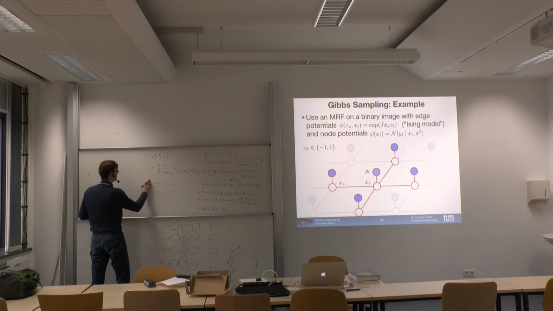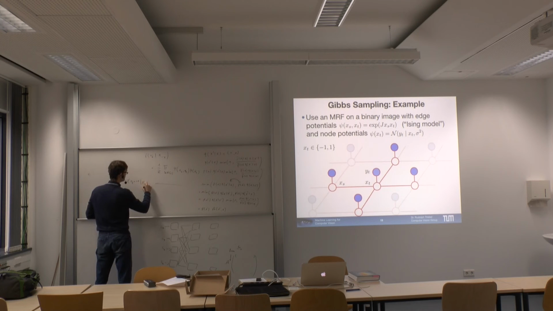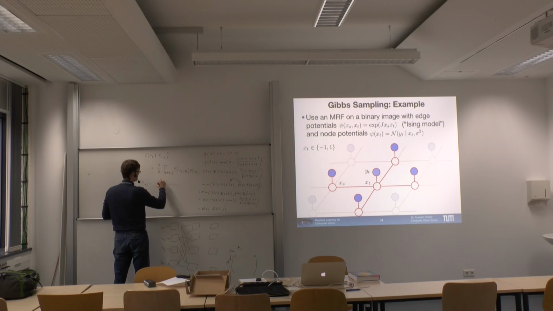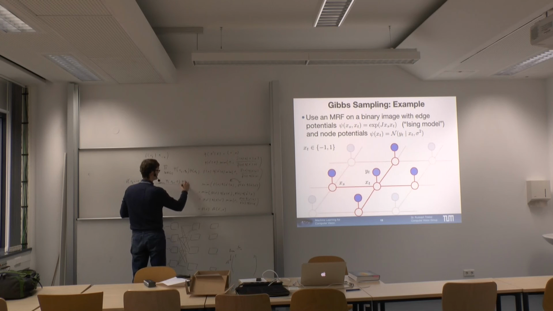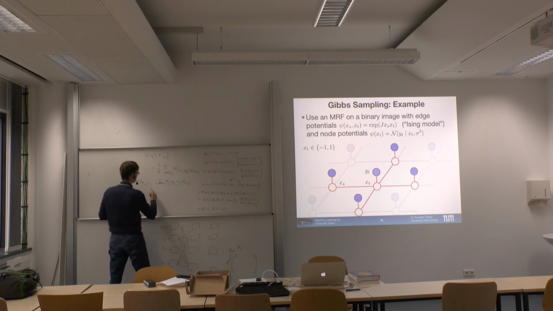That means the probability, let's write it explicitly, the probability that xt equals +1, given all the rest, is the product over all neighbors s of t of the potential psi(xs, 1) times psi(1), right?